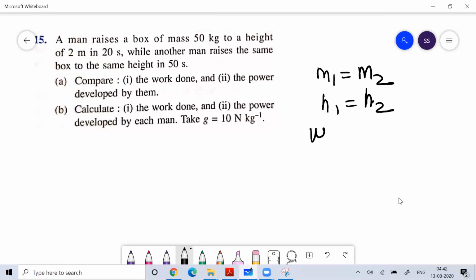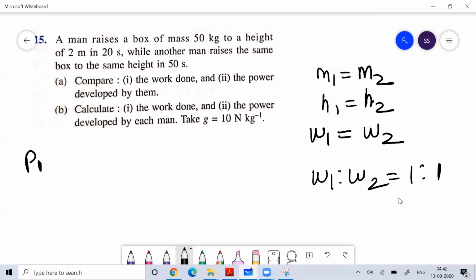Then the work done of the first one will be equal to the work done of the second one, because the work done formula is mgh, and I'm assuming the other person's mass to be the same. So mgh for both persons would be the same value. So comparing the work done, that would be 1:1. Then they're asking you the power ratio.